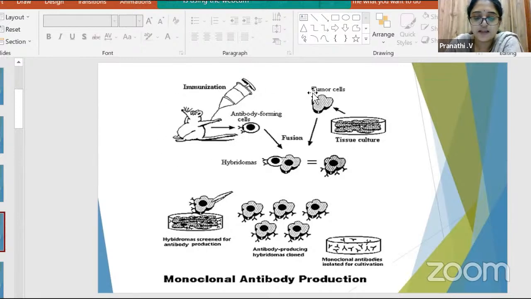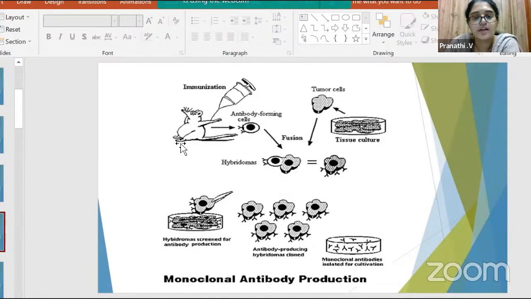In fact, increased stimulation of B cells is seen in response to the antigen. This stimulates immune cells to synthesize antibodies, so that maximum antibody production is seen against that particular antigen.